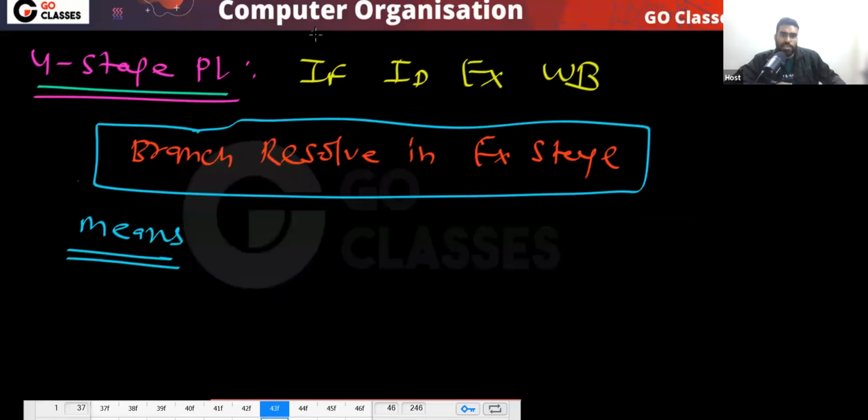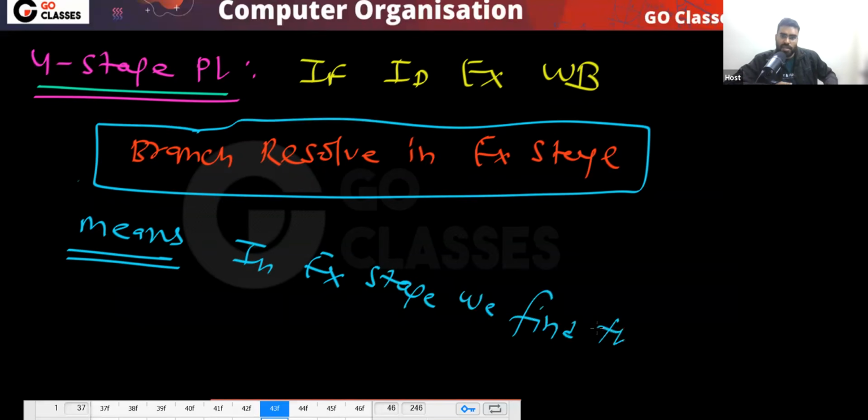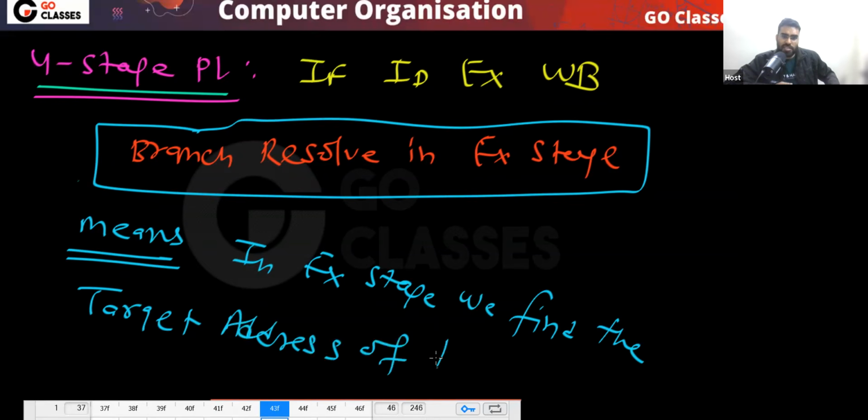It means that in the execute stage, we are finding the target address, the target instruction. We find the target address of the next instruction that should be executed.